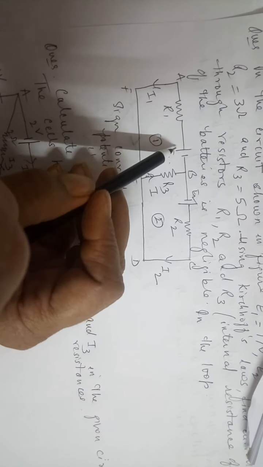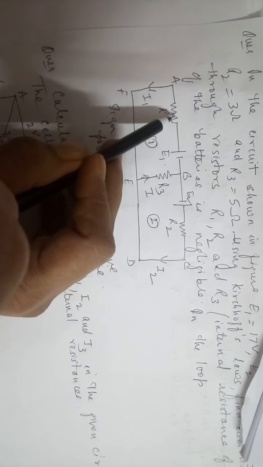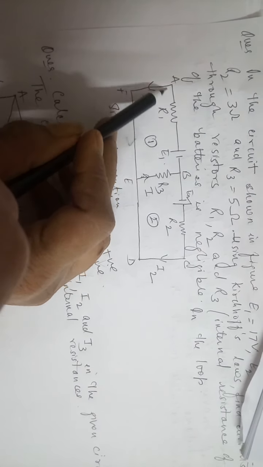Now try to understand things very nicely over here. Let us assume we are starting from this particular point. The current available for this resistance is I1. But before that, let us do the junction rule. You can see that I1 is coming here, and from this side I2 is coming.